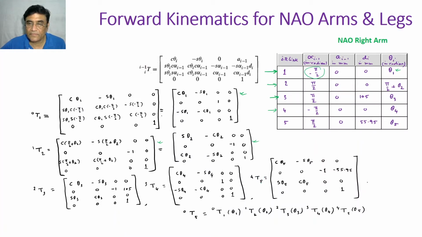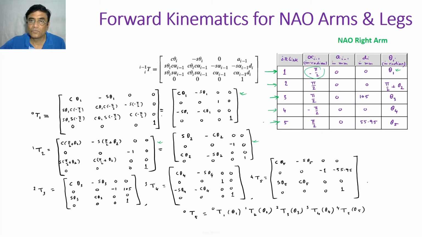The transformation matrix of the fifth link with respect to the fourth link will be given by this row, with all the parameters. And you see this is minus because they are measured about the negative direction of y.